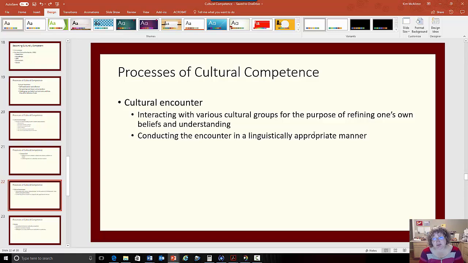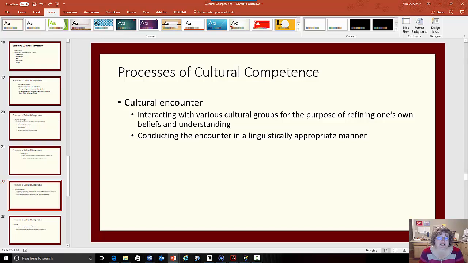Do you know how to correctly function with an interpreter? How do you select an interpreter? You need to select an interpreter that not only speaks that client or patient's language, but also speaks the particular dialect.